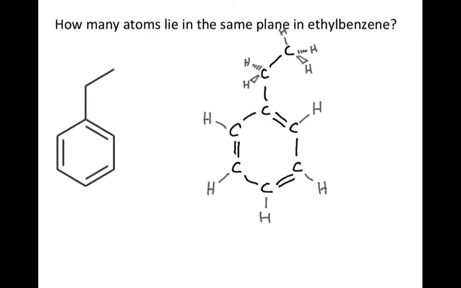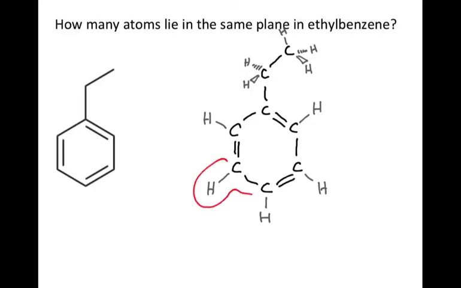Now when you go up into the ethyl part of ethylbenzene, up here, each one of these carbon atoms is bound to 1, 2, 3, 4 other things. So that makes these both tetrahedral. If you think about the geometries, trigonal planar is just that, planar.